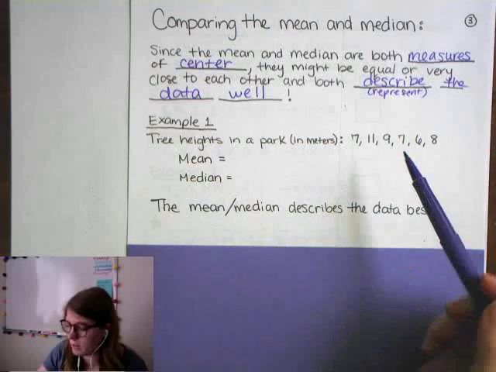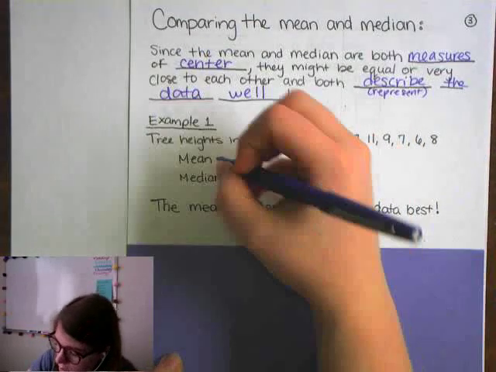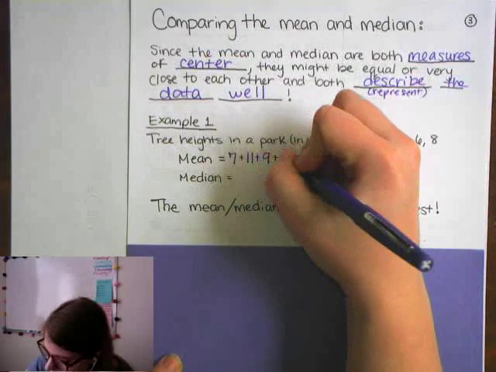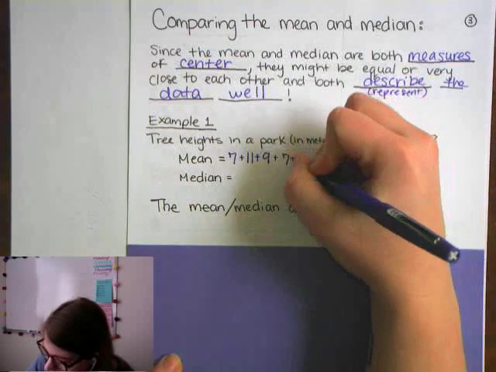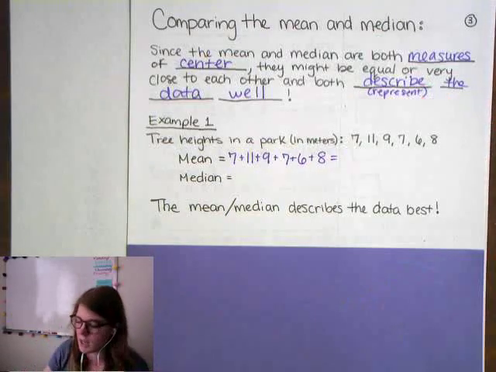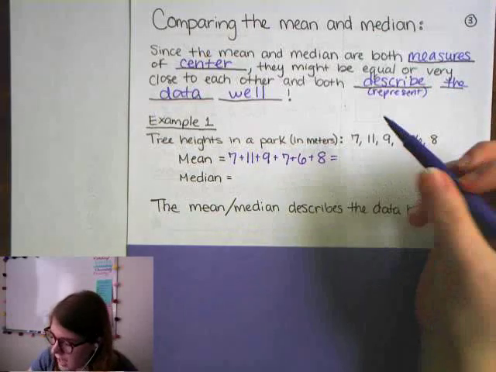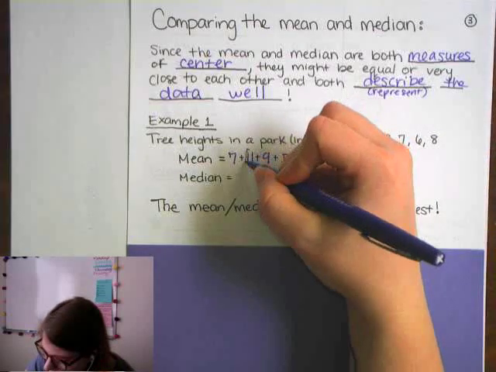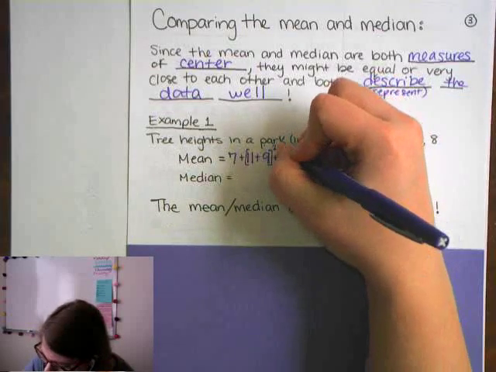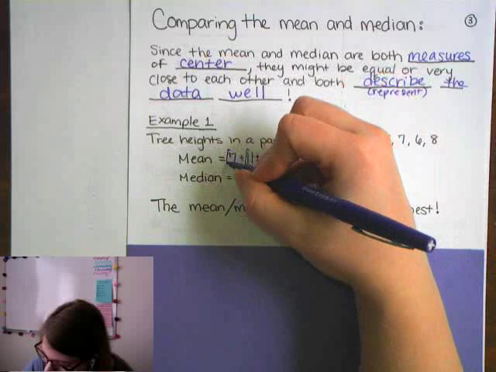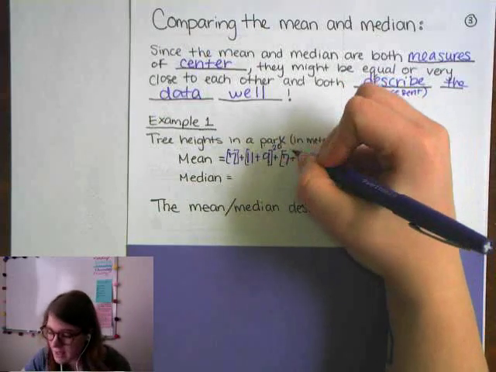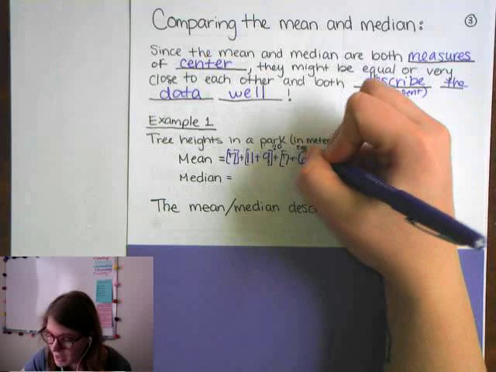So for the mean, like we said, we're going to add those all up. So 7 plus 11, 9 plus 7, 6 plus 8. Like I said, I like to group together where I can to make it a little bit easier to add. So I'm noticing that 11 and 9 make 20. 7 and 7 make 14, plus 6 make another 20, yeah?